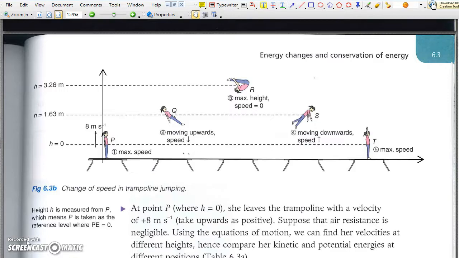So, a plot of Gpe against height h should be a straight line through the origin, as in figure 6.3c below. Her kinetic energy, on the other hand, decreases as her Gpe increases.